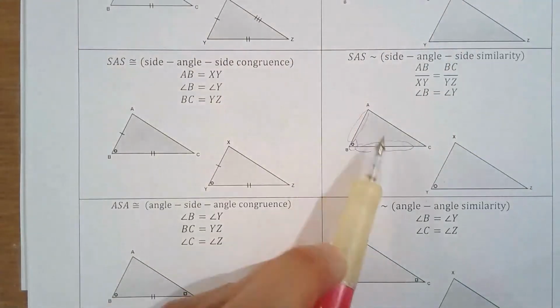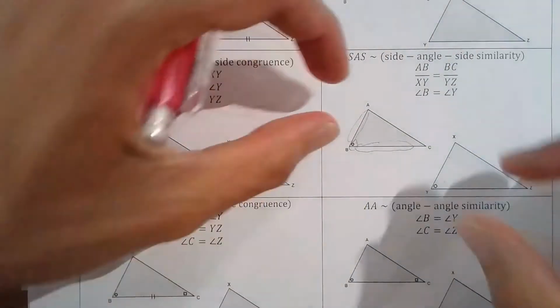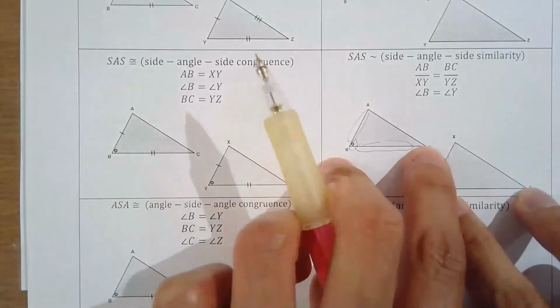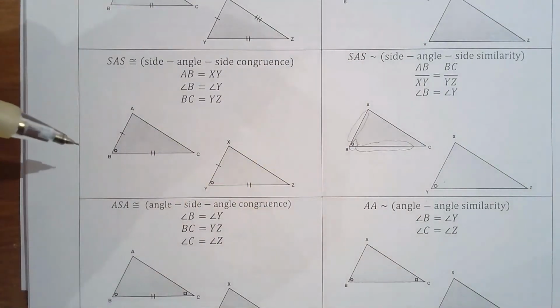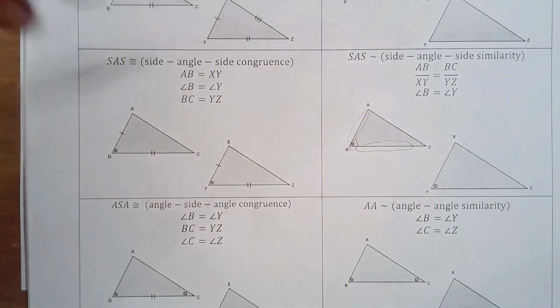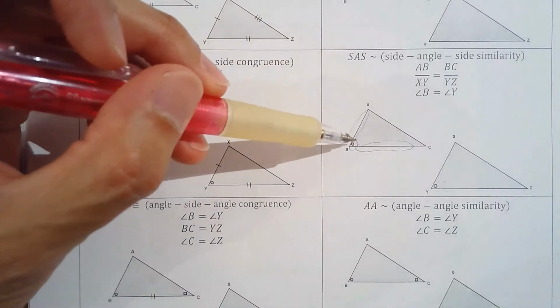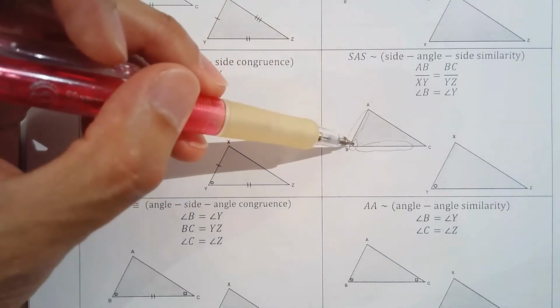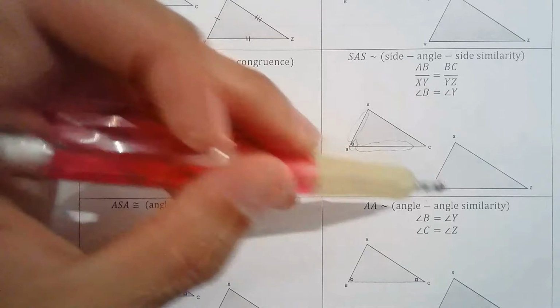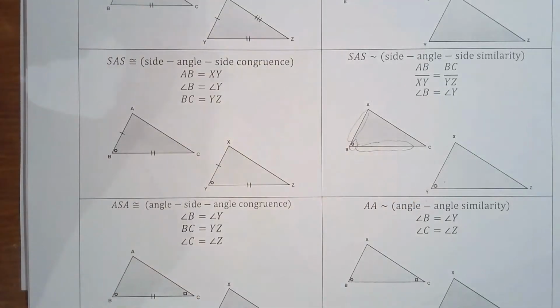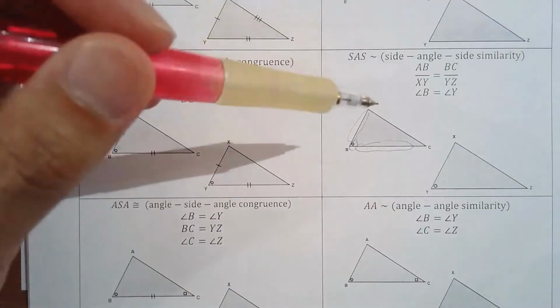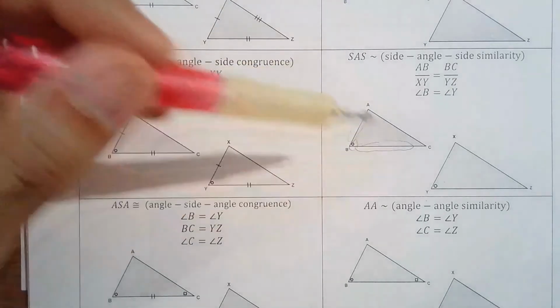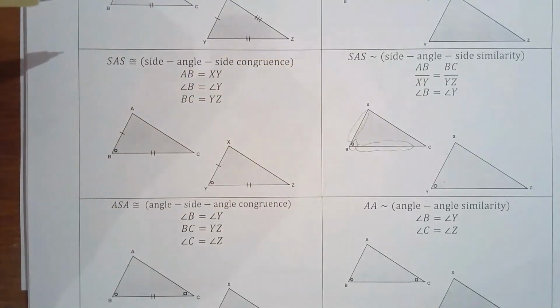I've shown that these two corresponding sides are proportional, and the angle in between those two sides, in this case angle B, is congruent to angle Y, then I have shown that these two triangles are similar.